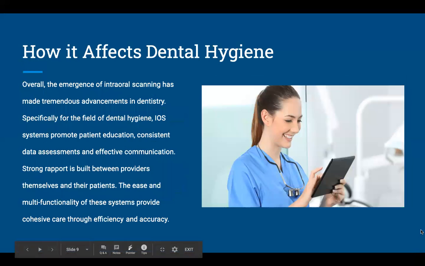Overall, digital intraoral scanners affect dental hygiene greatly in a very positive way. The emergence of this digitized dentistry has made advancements for dental hygienists, because in the field of dental hygiene specifically, intraoral scanners promote patient education, consistent data assessments, and effective communication.